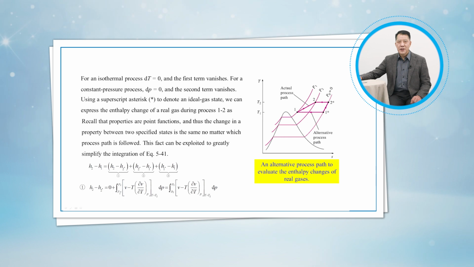The enthalpy change from 1 to 2 can be divided into 3 parts. The first part is that from 2 asterisk to 2. This is an isothermal process. Equation 541 can be simplified as follows.